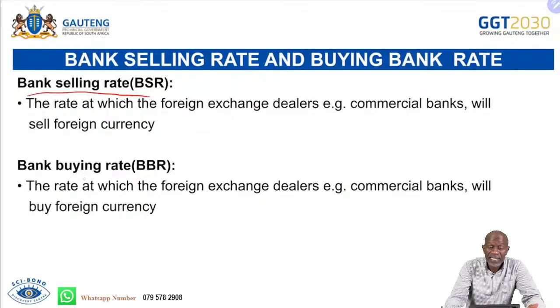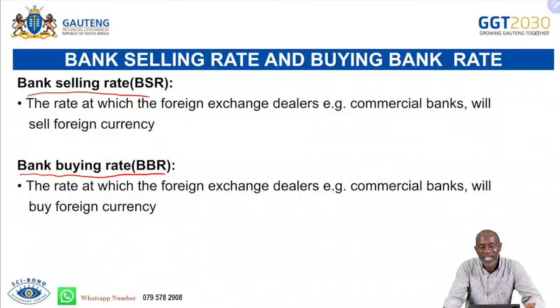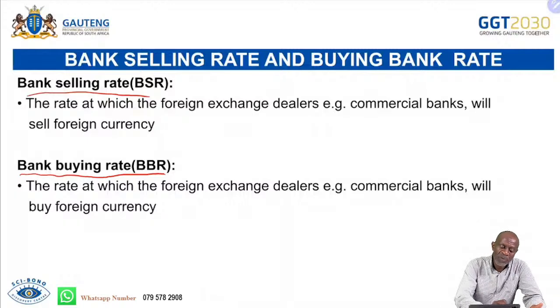Bank buying rate. When you return from the US and you still have US dollars with you, you will have to sell your dollars to the bank, and the bank will not use the bank selling rate. Instead, they will use the bank buying rate. They buy foreign currencies from you. So the bank buying rate refers to the rate at which foreign exchange dealers or commercial banks will buy foreign currency.